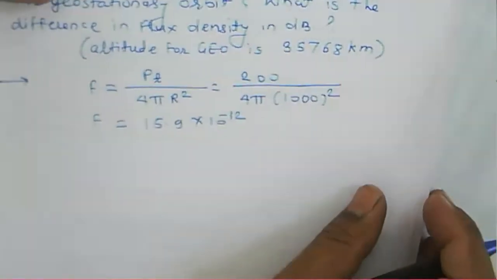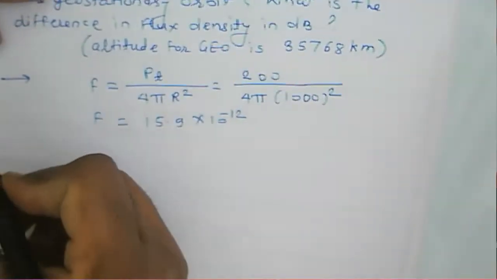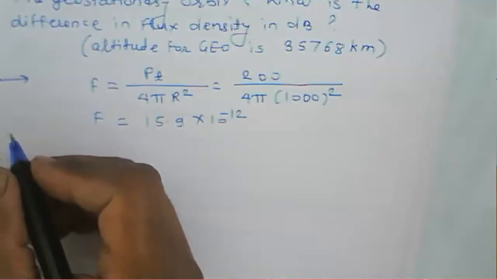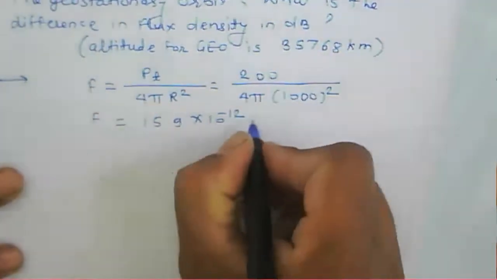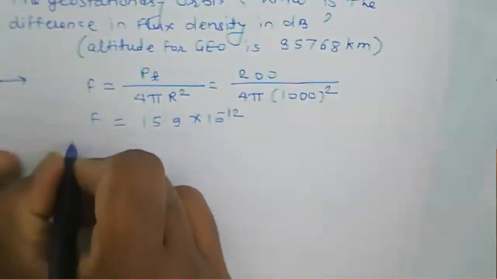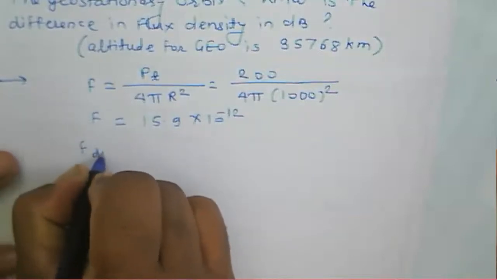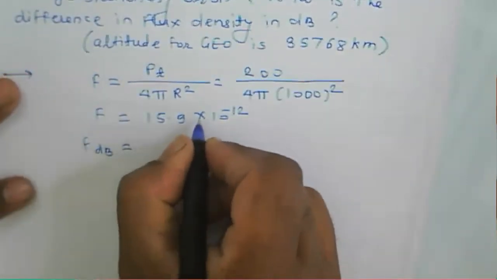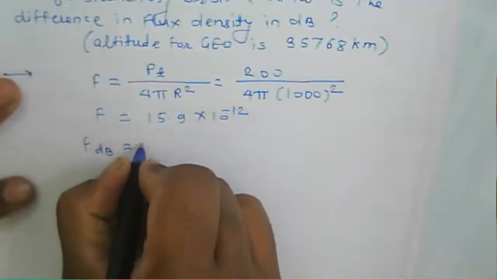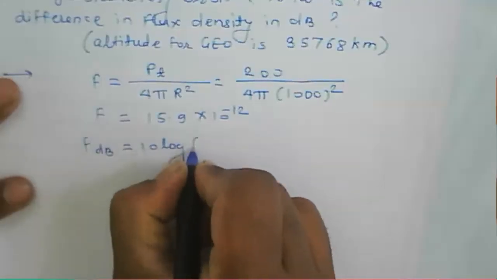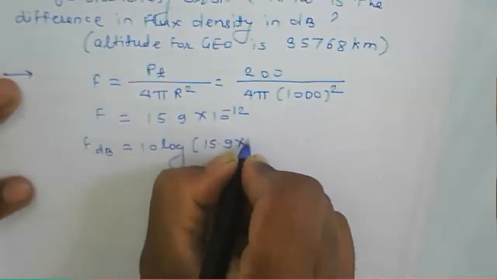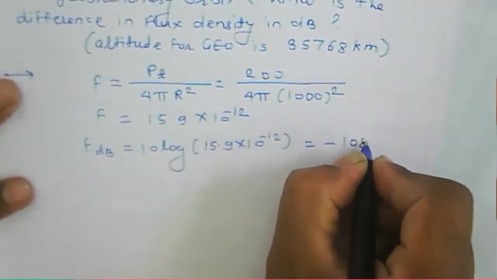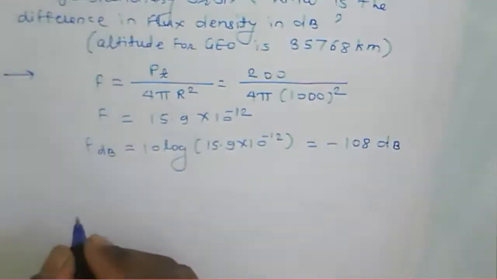Next, we can find out F in dB also. So the power flux density in dB will be 10 log of this value, 10 log of 15.9 into 10 to the power minus 12, which is equal to minus 108 dB.